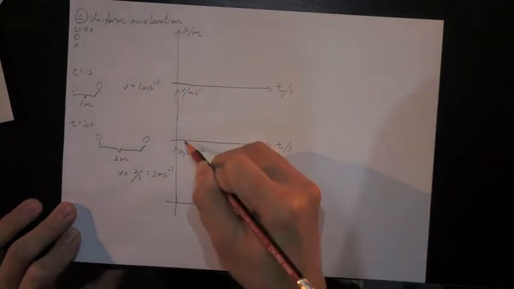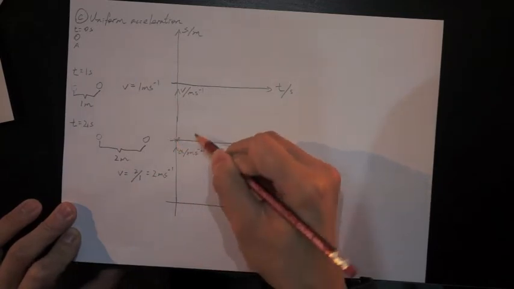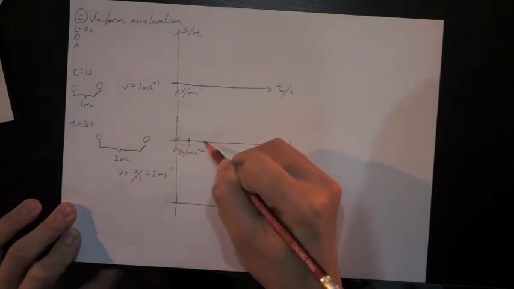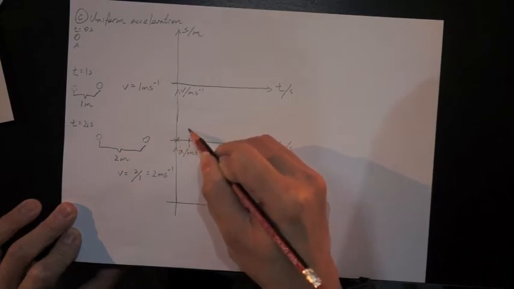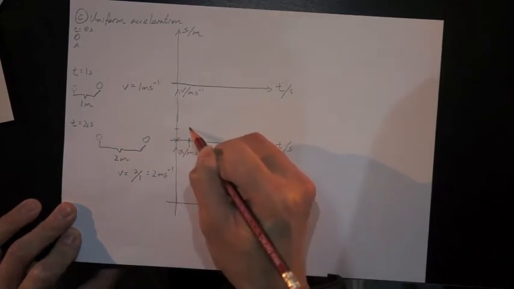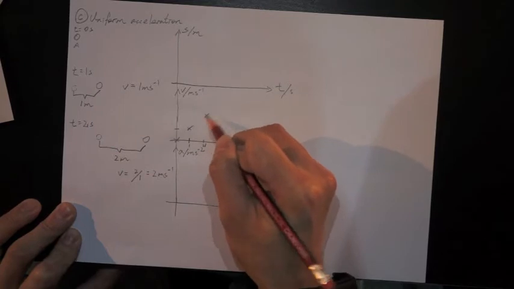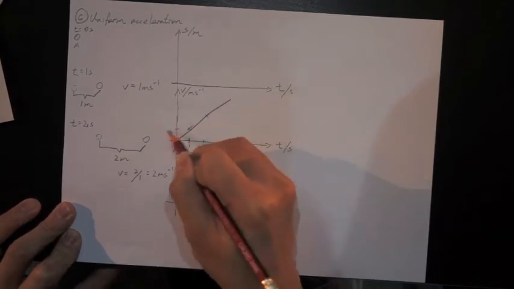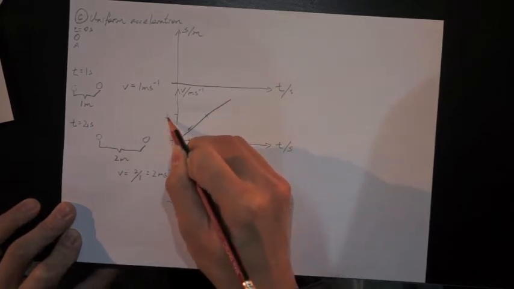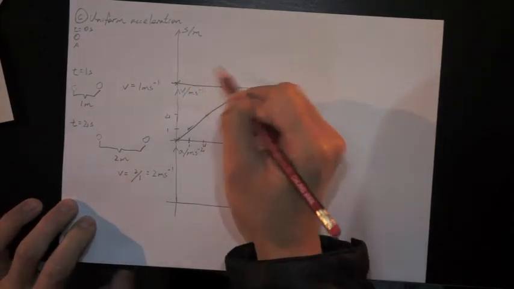Therefore, we can see the velocity is a linear curve like this. However, the displacement is like this.